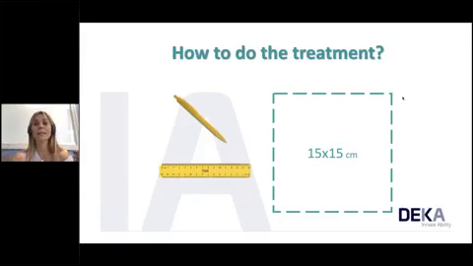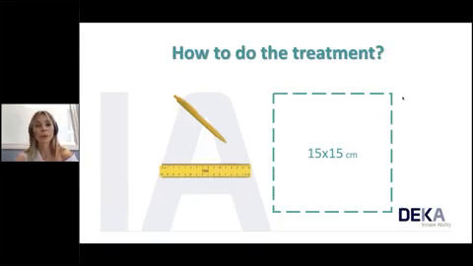So it's not necessary to perform squares very, very close together, because we can take advantage of it. We will have the improvement even on the adjacent area. And this is the area in which we have to deliver the right dose with the right power.